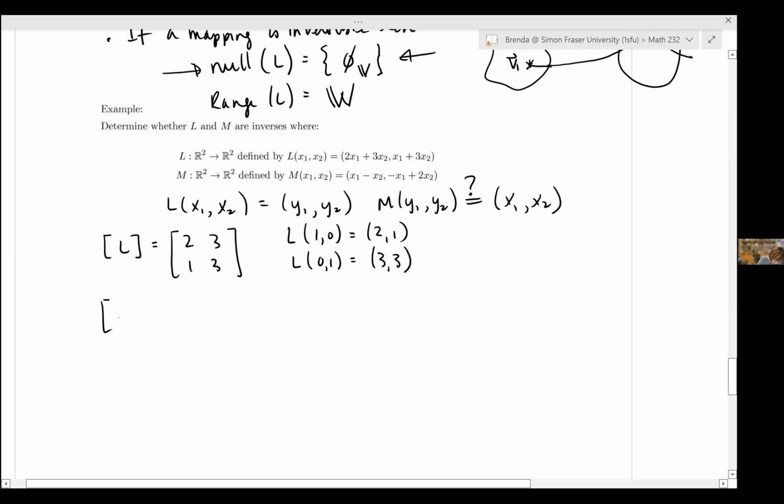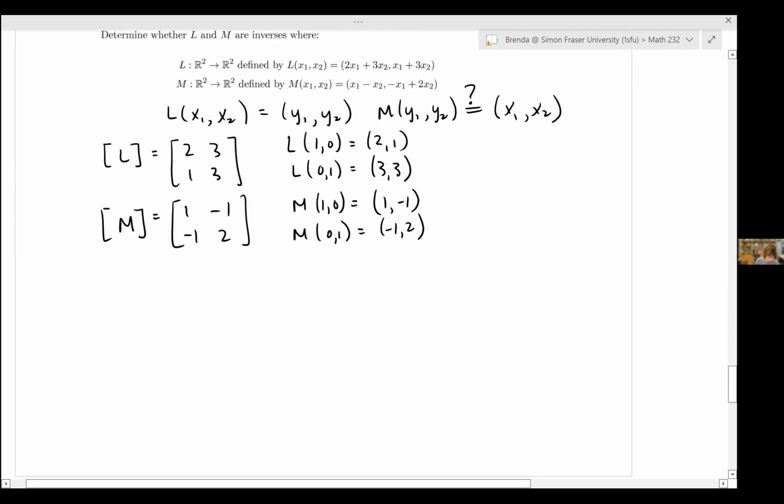Then I formed the matrix for the transformation M, and that is going to be 1, -1, -1, 2. Similarly, I could have got that by looking at what happens to the standard basis vectors under that transformation and putting those into the matrix as columns.